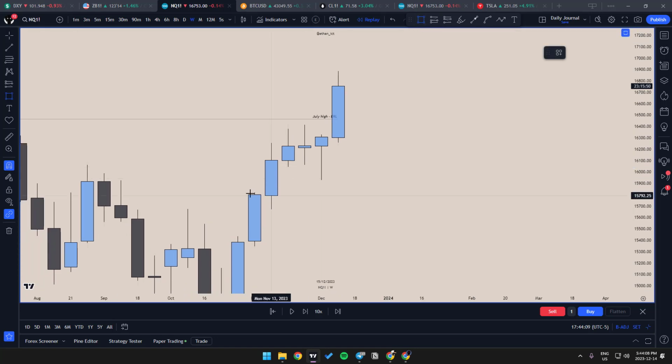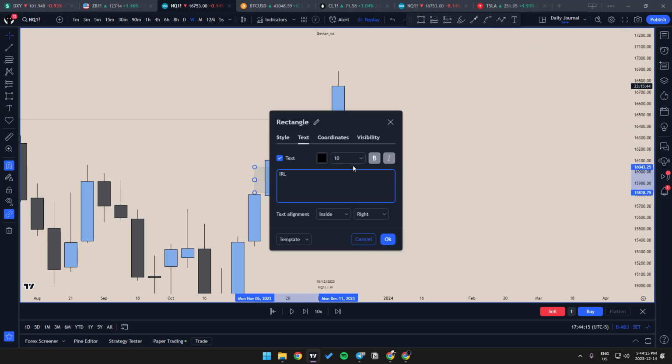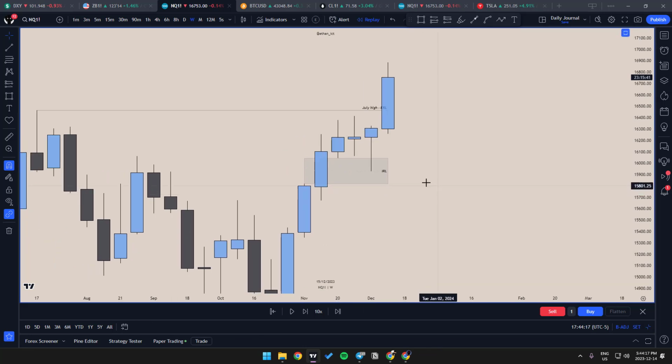And then we have our internal range liquidity. So here we have our internal range liquidity, and then we have our external range liquidity.